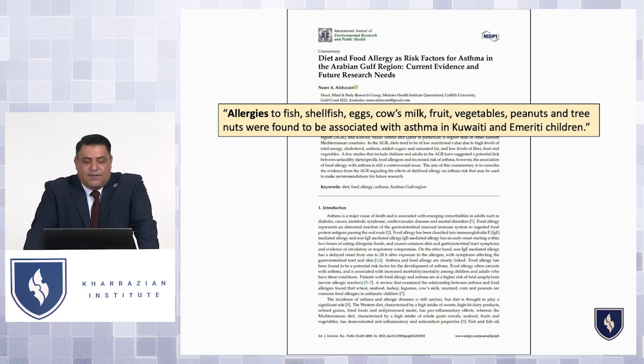Then they find findings like, we didn't find any potential relationship between cow's milk, for example, and asthma development. If you talk to any practitioner in practice for 3 hours, they will tell you hundreds and hundreds of stories of family members who noticed significant reduction of asthmatic symptoms when they went off things like cow's milk.